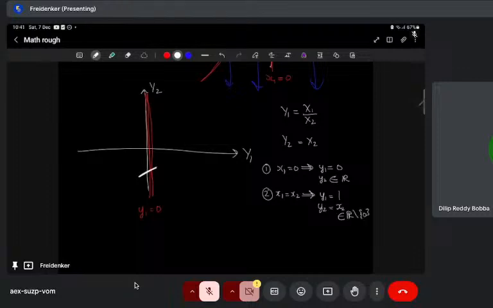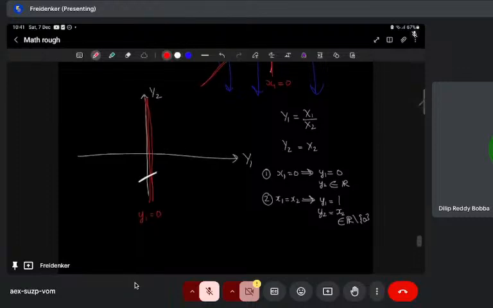But first, what does it mean? First, we'll draw the line y1 equal to 1. Where is y1 equal to 1? y1 equal to 1 is here. And I told you y2 is equal to x2, so y2 can be anything, but we are not sure whether y2 can be 0 or not.